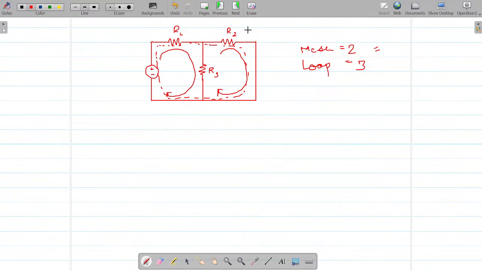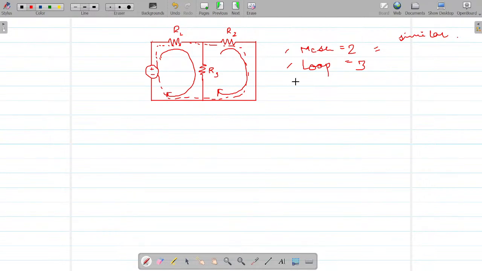How many loops do we see? 1, 2 and 3. I'll tell you what a mesh is and what a loop is once we find a similar question, and I'll tell you what the difference is.